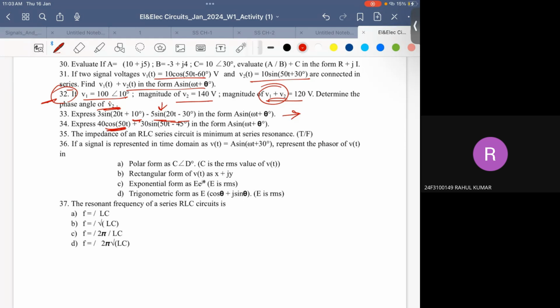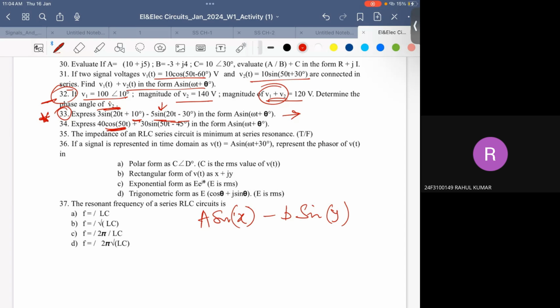Okay, I'll just check this 33. Maybe in the next session, I'll try to come up with some other method to solve it. As of now, you can just think of the normal method. Like you can just use the vector thing, a sine x minus b sine y, and you have that formula, right?